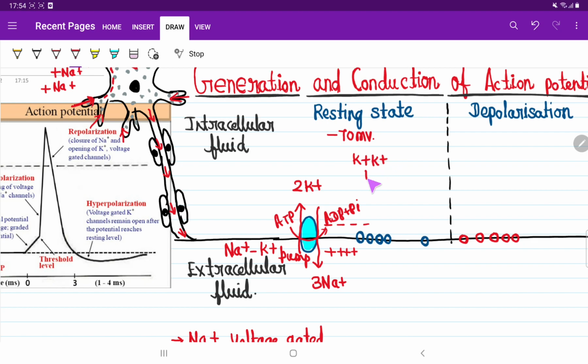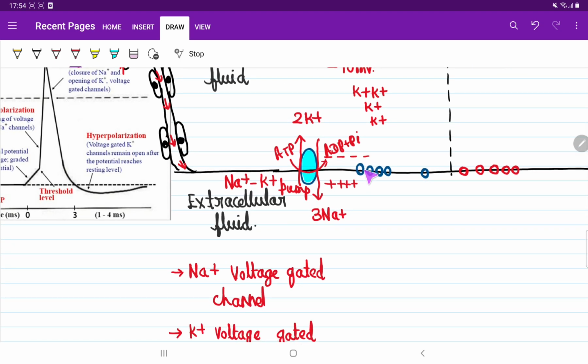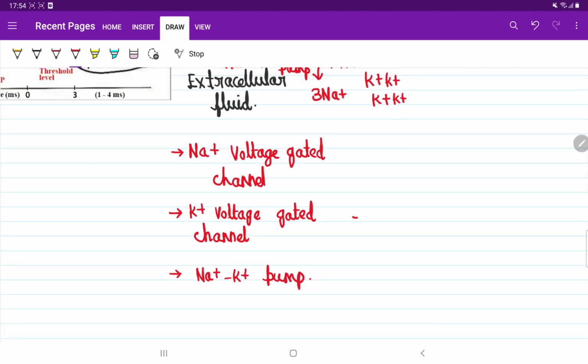So whenever this potassium ion voltage gated channel works, it allows transport of potassium ion from high concentration to low concentration. Outside, sodium ion is high; inside the cytoplasm, potassium ion is high. At the resting state, this potassium ion voltage gated channel is allowing potassium ion to go outside. Yes, they are allowing efflux of potassium ion. I'm writing here, efflux of potassium ion occurs.